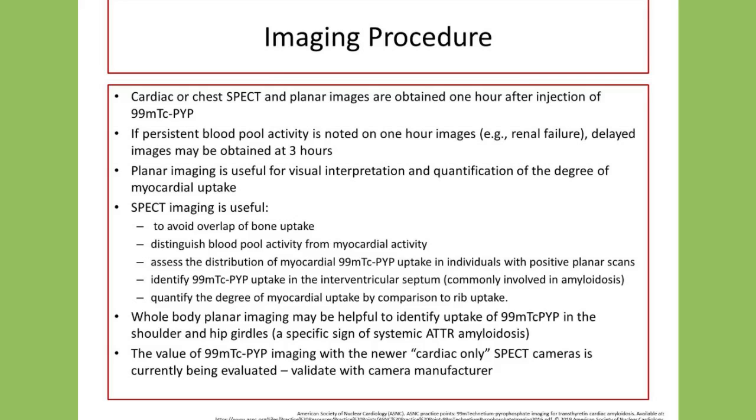So before starting the process, make sure you work specifically with your vendor to understand their limitations and how their protocol should be utilized with the newer systems. With that said, lots of them now do have processes to be able to perform cardiac amyloid. So again, just work with your vendor to ensure that you are performing the appropriate procedure.